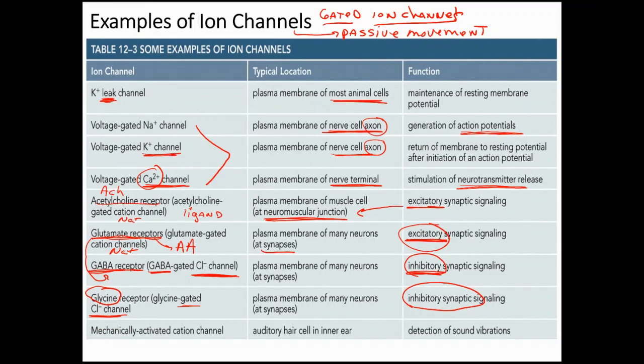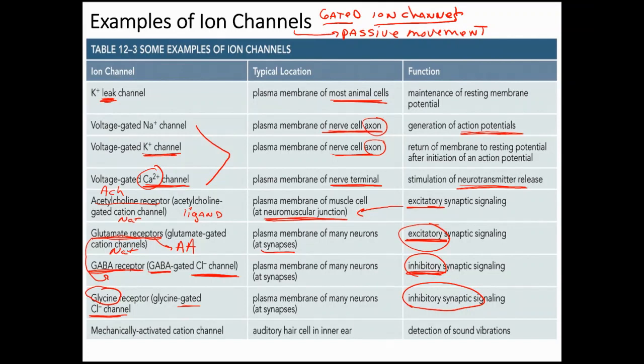All right. So there are a number of different ligand channels that are famous. These are not the only ones that exist, but these are the most important ones for this level of cell biology and the aspect of neurobiology that we're talking about in this chapter.